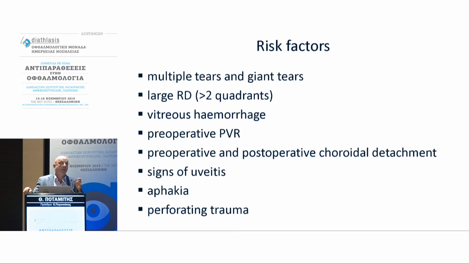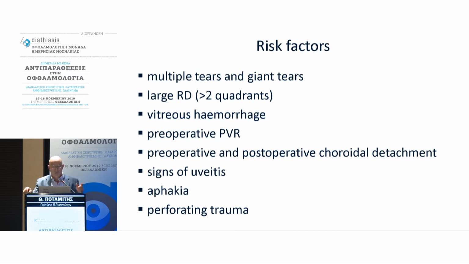If there is a vitreous hemorrhage, there are already cellular components in the vitreous, and that adds to the cellular load. If PVR already exists, then the chances that PVR will get worse are higher. If there is choroidal detachment, or if there is pre-existing uveitis, then the blood-retinal barrier breakdown is already there. And aphakia and perforating trauma are major contributors.